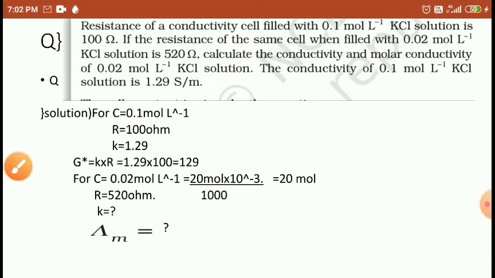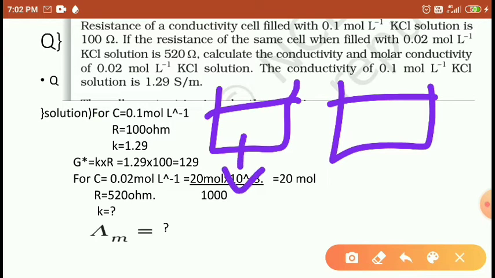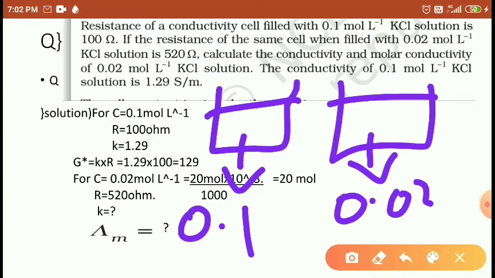Right, students. So here we are using two beakers, both containing KCl solution. One concentration is 0.1, another concentration is 0.02. We dip the two electrodes, and after dipping, we get some conductivity.